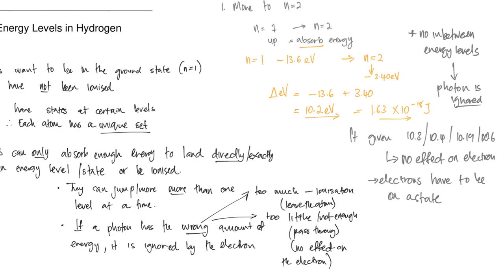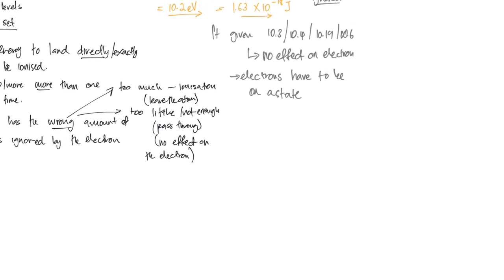So let's have a look at another little condition. Let's say for number 2, they say, given a photon of energy 2.65 electron volts. Let's have a look at how that looks.